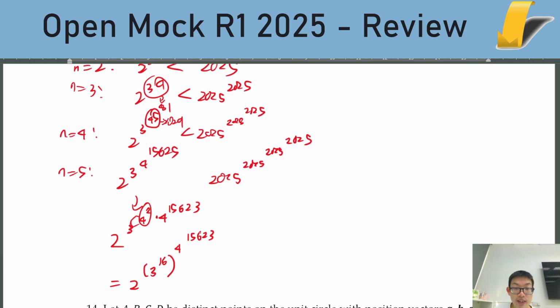And likewise, if I wanted to make this bigger, 4 to the 5 is smaller, so I can take out something like 6, and just estimate, 2600, where this is also going to be more than 2025.